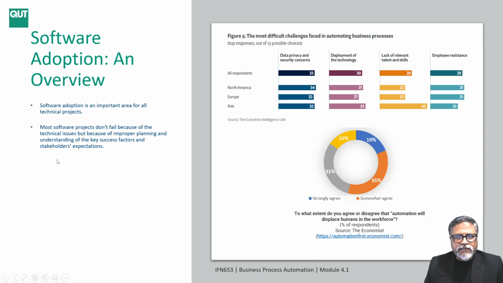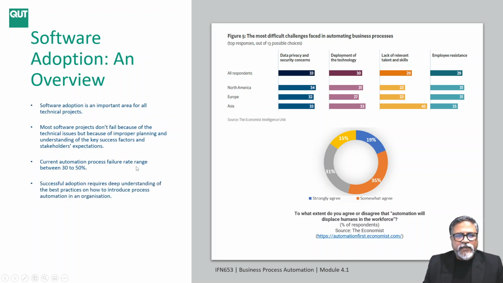So in this module 4.1, we will see how closely the parameters that we will discuss here are related to this point as well. Current automation process failure rate ranges between 30 to 50% in the latest surveys, and successful adoption requires very deep understanding of best practices on how to introduce process automation in an organization.